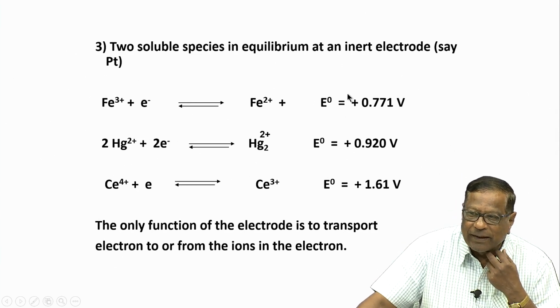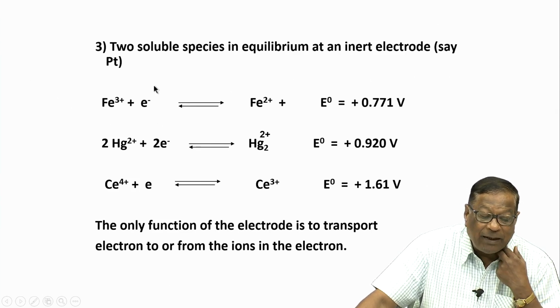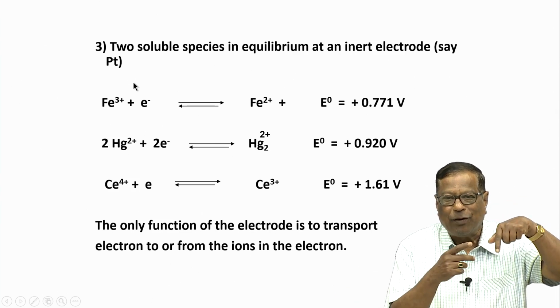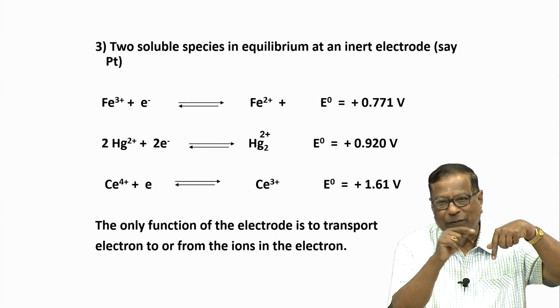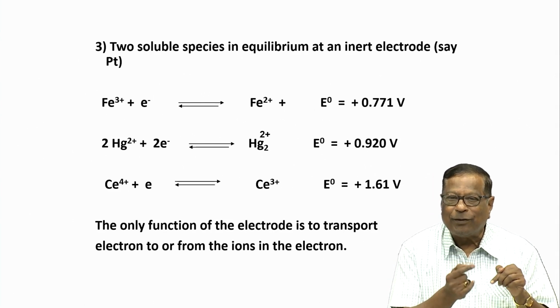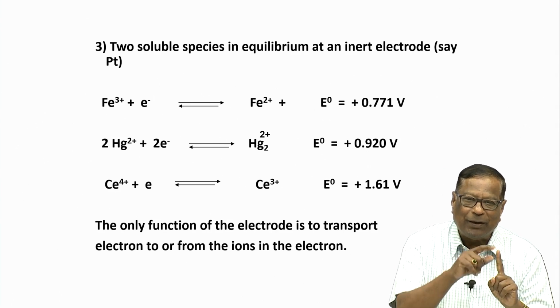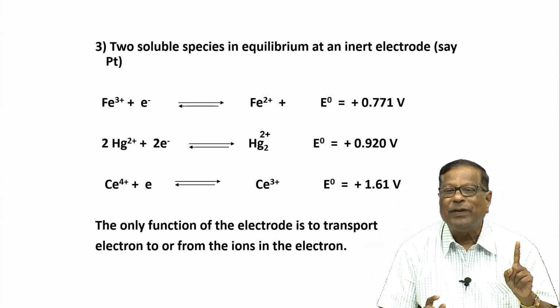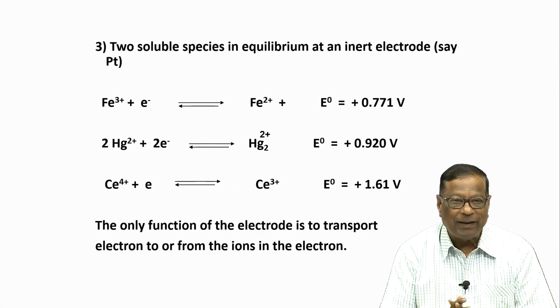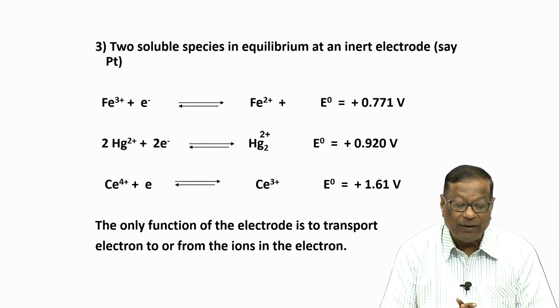The point is we can have a platinum electrode, which picks up electrons from the ferric to ferrous, ferrous to ferric equilibrium in the solution. Whenever electrons are released, they will be picked up by the platinum electrode and transferred to the outside circuit. So that is the kind of electrodes of the third kind.